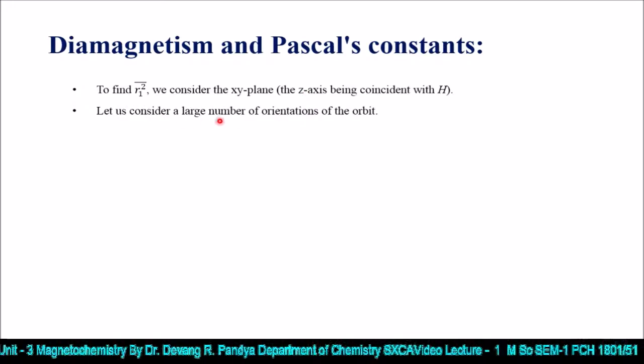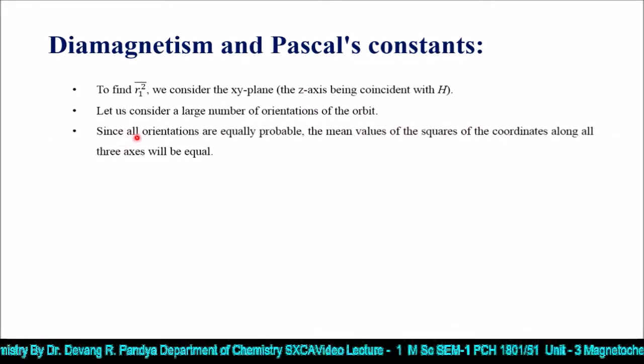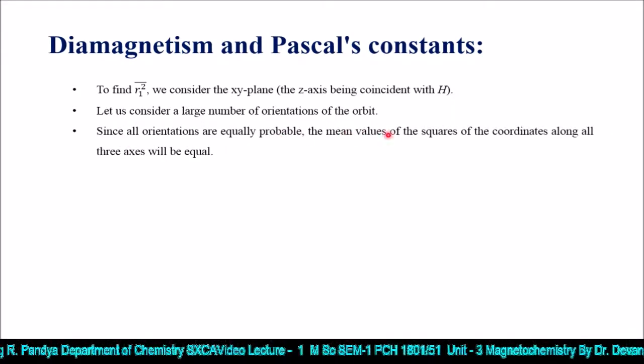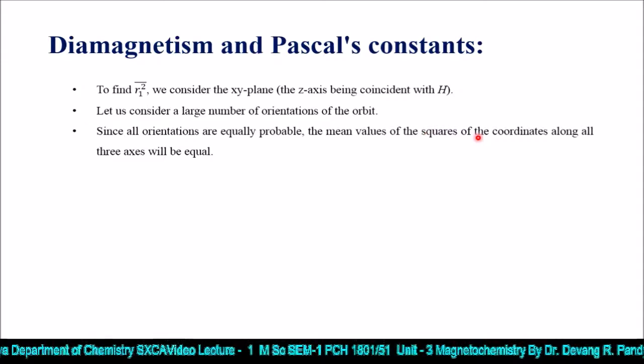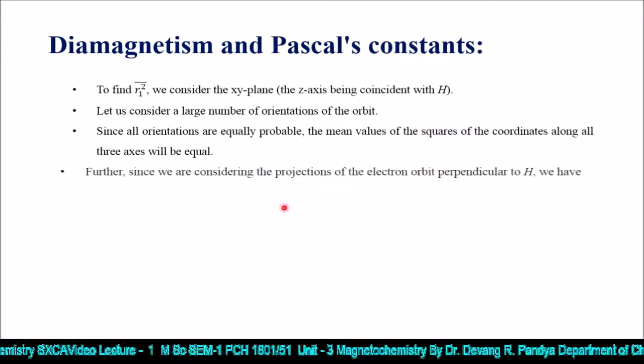Let us consider a large number of orientations of the orbit. Since all orientations are equally probable, the mean values of the squares of the coordinates along all three axes will be equal.